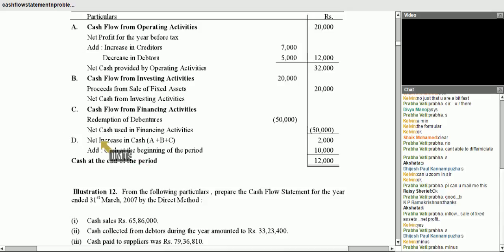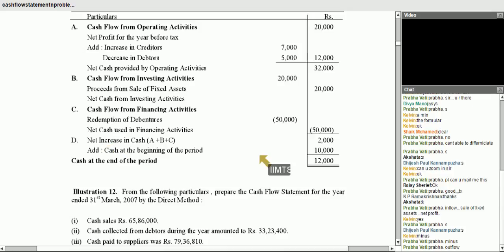Right, now D. Net increase in cash will be 2,000 and we add the cash at the beginning of the period, 10,000. So my cash at the end of the period will be 12,000 rupees. Yeah, 10 plus 2 is 12.